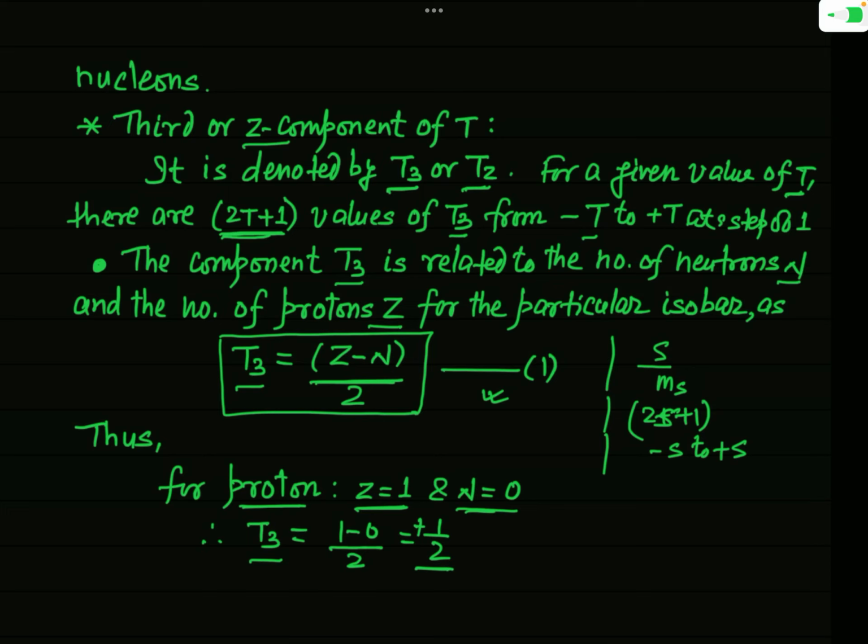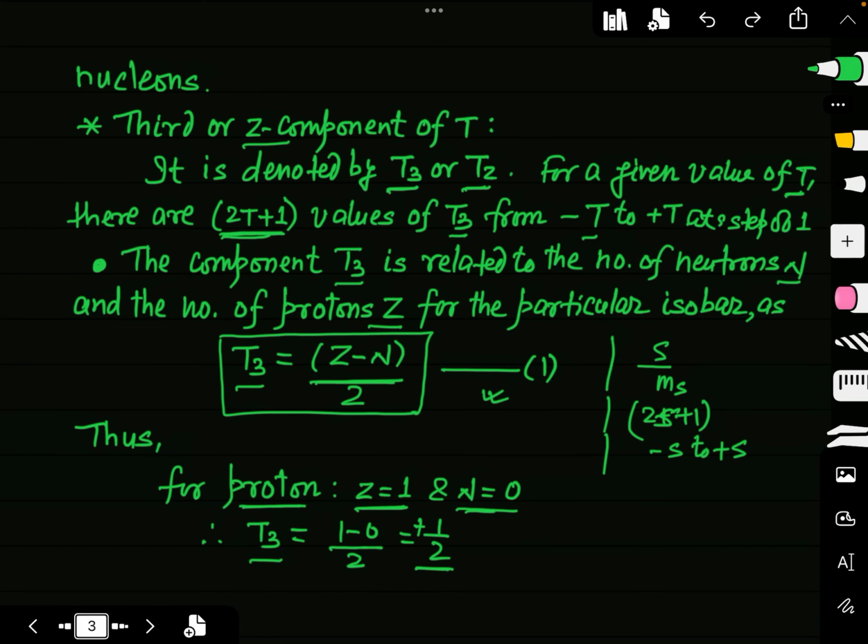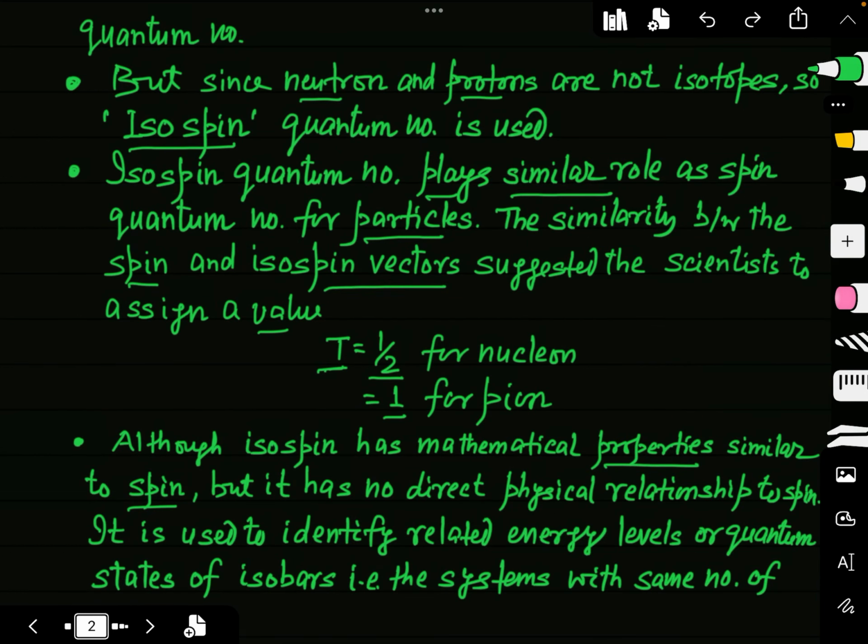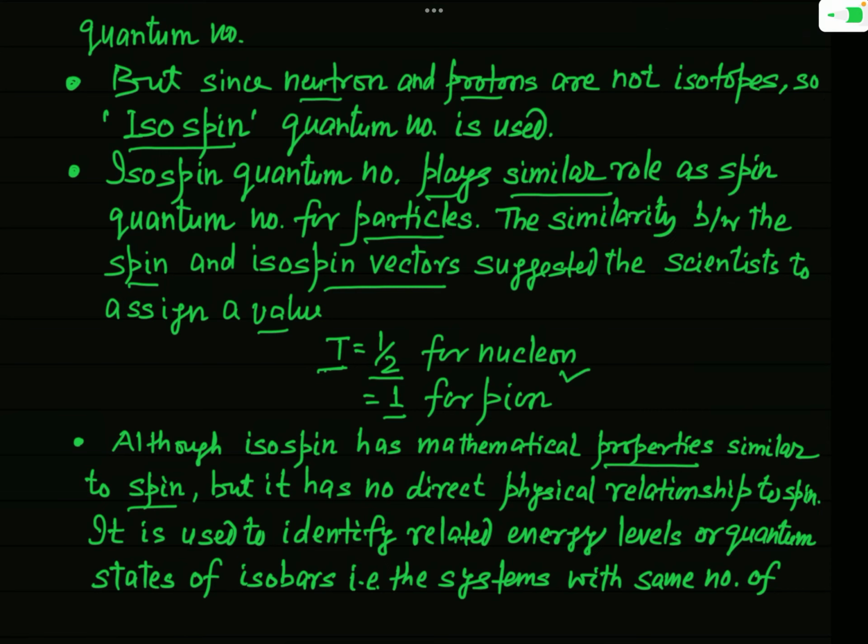And you can also find the value of this T3 on the basis of this idea, when I have told you that the value of T3 is from minus T to plus T at a step of 1. And you can see, for any nucleon, that is either for a neutron or for a proton, T is equal to 1 by 2.